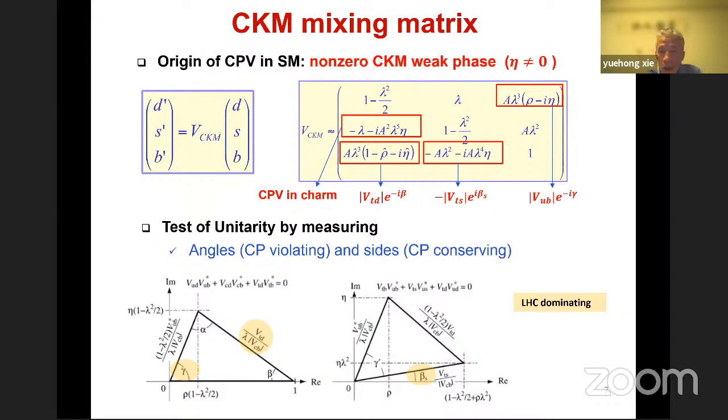The LHC is already dominating the measurements of key observables such as gamma, V_td, and beta_s, and is catching up with the B factories in the measurements of V_ub and beta.